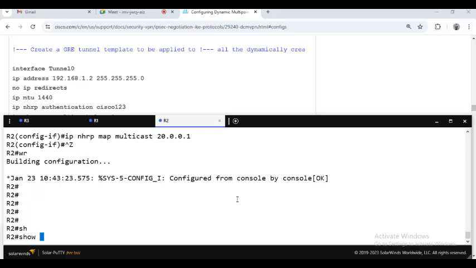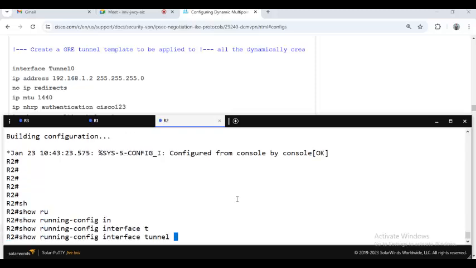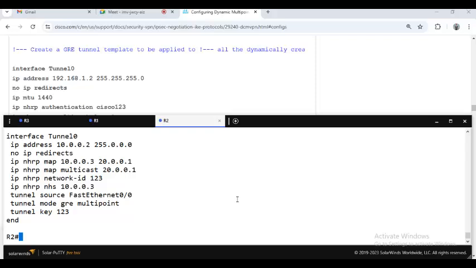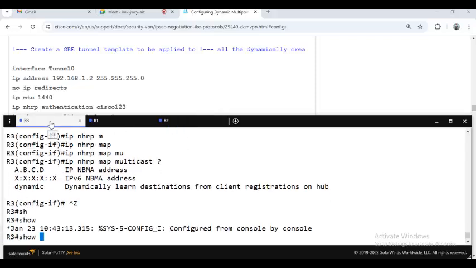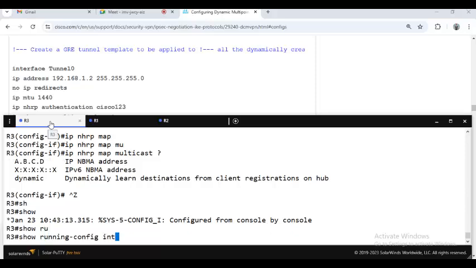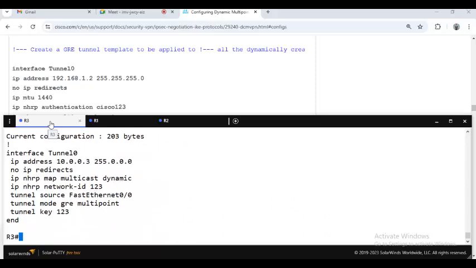What is missing? NHRP ID. Server NHS command is missing. Interface tunnel 0. IP NHRP NHS. Its own address. 10.0.0.3.